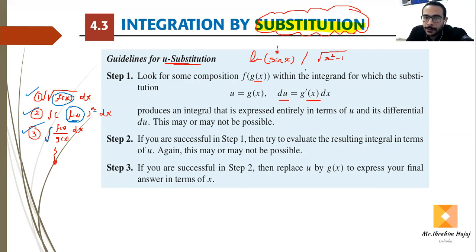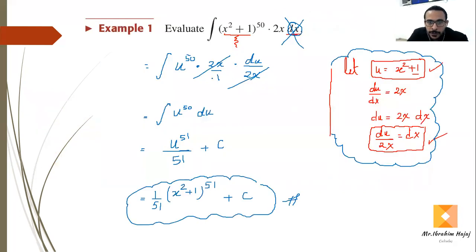Sir, can you go back to the solving? To the question here, we let x squared plus 1 as u. We assume that u equals x squared plus 1. Then we found the derivative. Why did we make the derivative? To replace dx also and write it du.